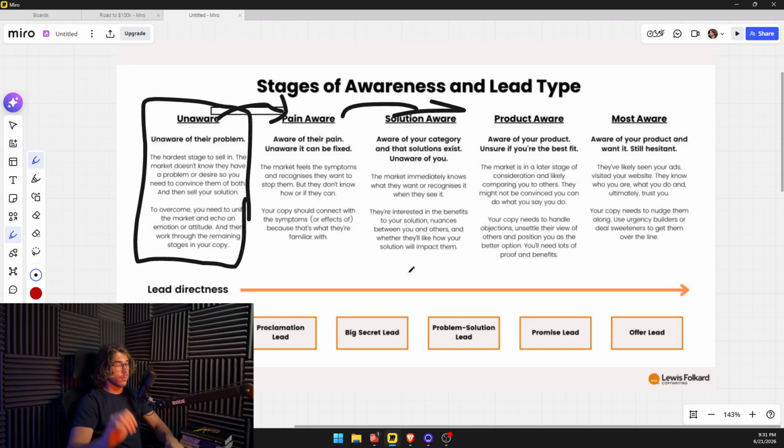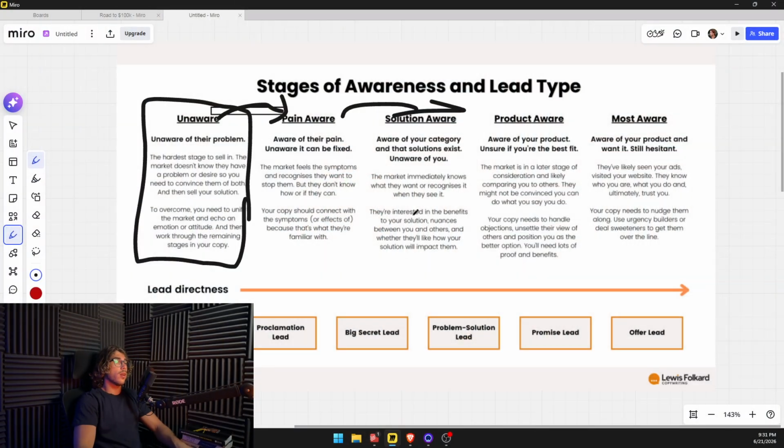I know this is a very basic example, but let's say what is the best way to brush your teeth? Right? Oh, you can try natural coconut. You can try, I don't know, honestly so many different ways. If people are in the solution aware state, you can barely talk about the problem.